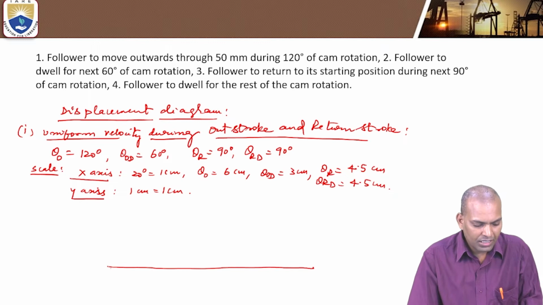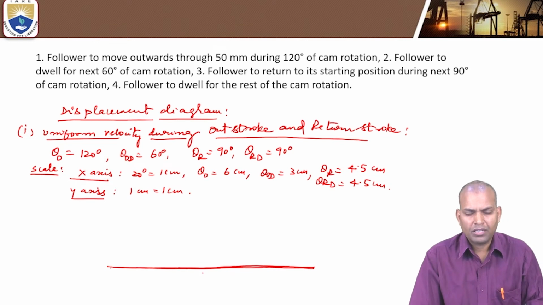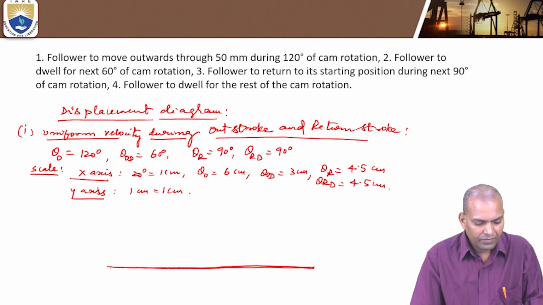Draw an 18 centimeter horizontal straight line. Mark on this line, divided into outstroke theta O, that is 6 centimeters. So we mark it as angles only here.